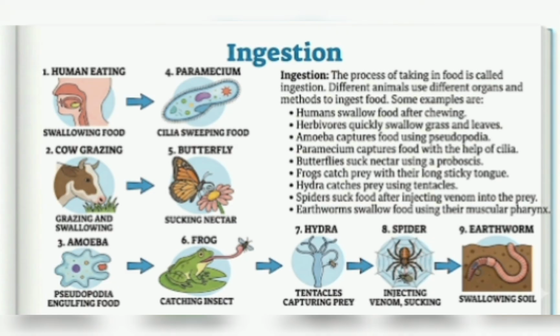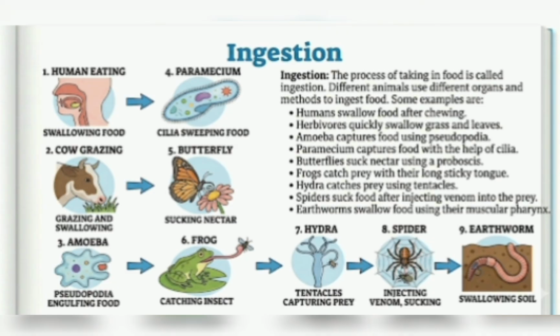Butterflies suck nectar using a proboscis. Proboscis means a small tube-like structure you can see in a butterfly. Frogs catch prey with their long sticky tongue, and hydra catches prey using tentacles.